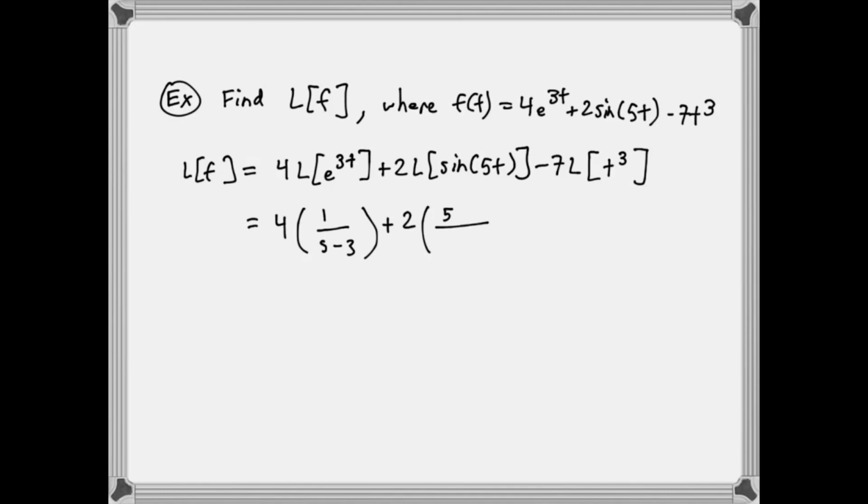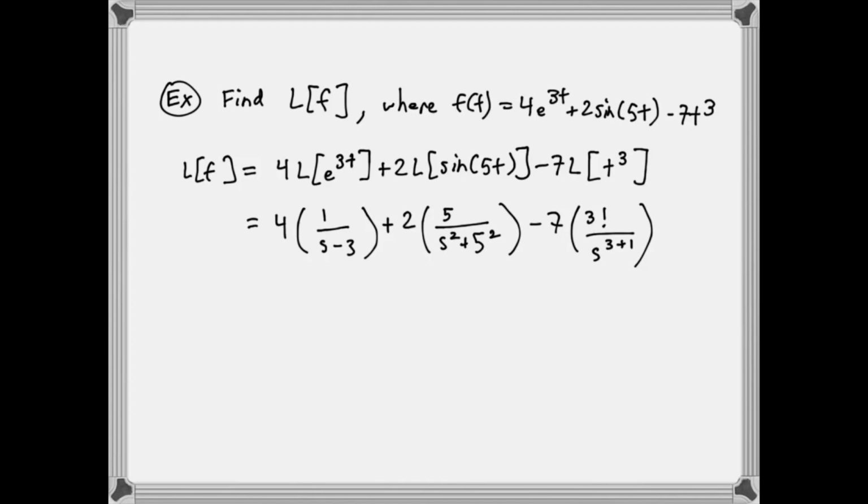So 5 over s squared plus 5 squared. And then minus 7 times, what's the Laplace transform of t cubed? Well then 3 is our n in the formula, so this would be 3 factorial over s to the 3 plus 1.